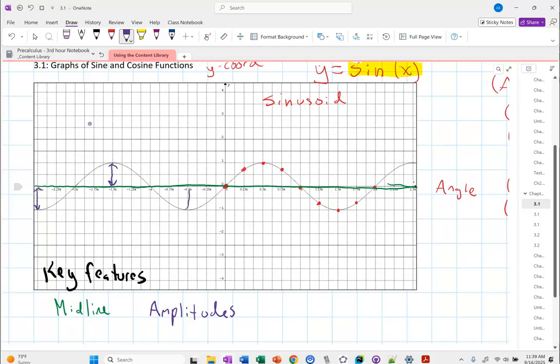So like all of these would represent an amplitude. Is everybody okay with that? Yeah, it's just the distance between a highest or lowest point on the graph and the midline.